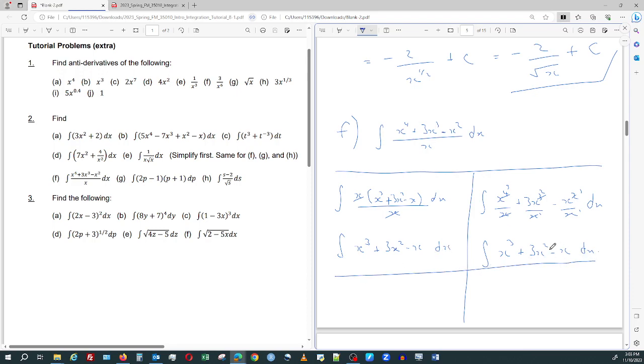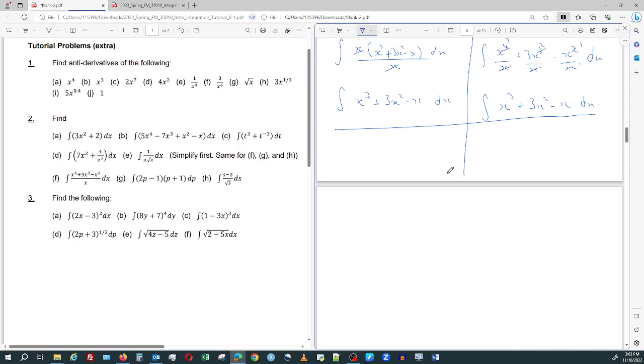Okay, now we're ready to do our integration. So up and under, I'll just get rid of that and put it just from there up. So up and under: 3x to the 4 divided by 4 plus 3x cubed divided by 3, so that's going to cancel.